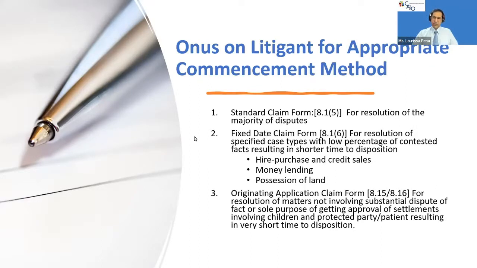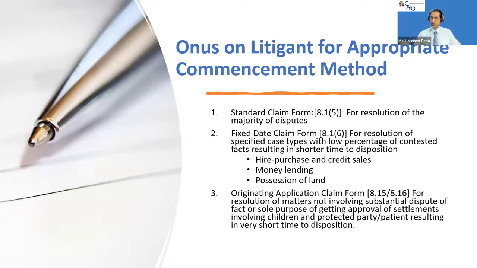Unlike some of the other jurisdictions, the draft rules include what was in your former rules of the Supreme Court, originating what we called originating summons, but it's now called an originating application claim form. And that's your rule 8.15 and 8.16. In a sense, there's a little overlap between this and the fixed date claim form, but when we go down a little deeper, we will understand, we hope, how they can be differentiated.